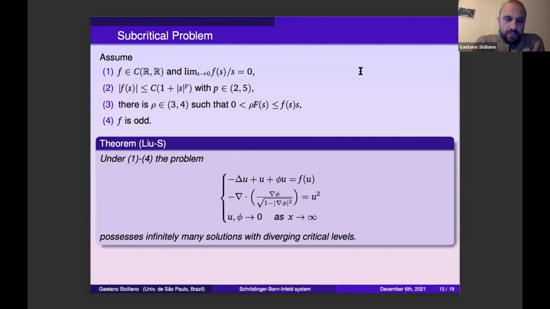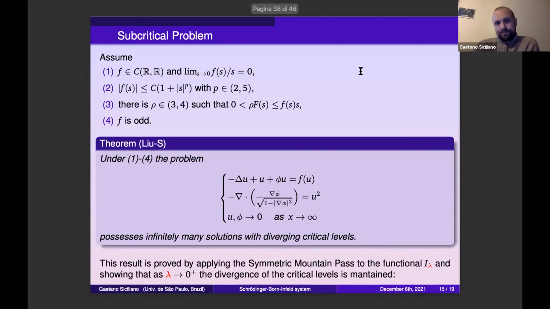Again, the proof passes through using the symmetric mountain pass geometry for our functional, and then trying to pass to the limit whenever lambda goes to 0.